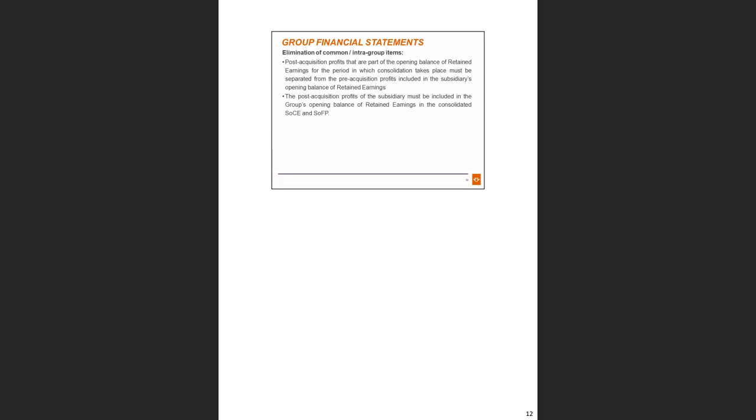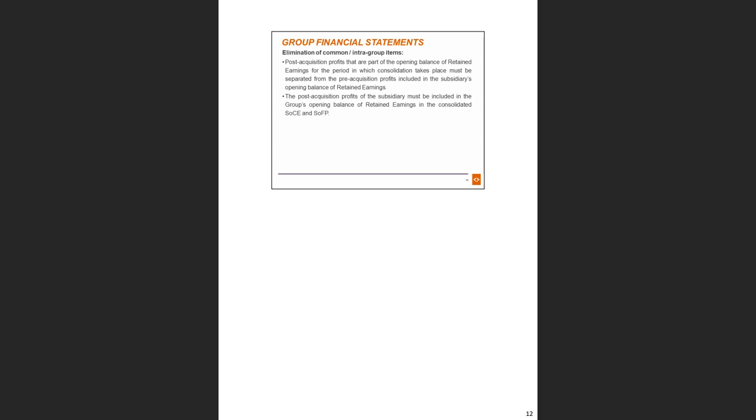So these post-acquisition profits of the subsidiary must be included in the group's opening balance of retained earnings in the statement of changes in equity and statement of financial position. Remember we said the pre-acquisition profits are eliminated.